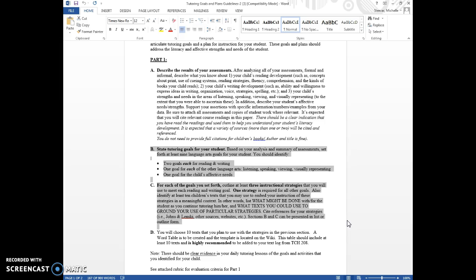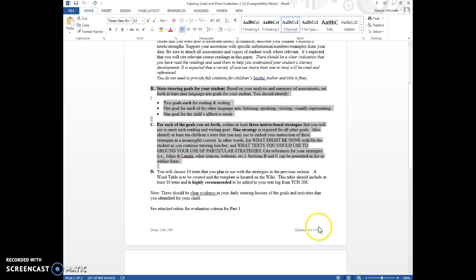Obviously, you can go to other resources. For example, on the web, Read, Write, Think is a really good source. If your mom or dad is a teacher, by all means, you can get strategy ideas from them. But I want you in parentheses after you've described the strategy in 1 to 2 sentences to state where you got your strategy. It does not need to be in APA style.